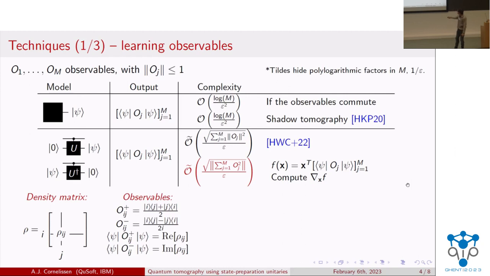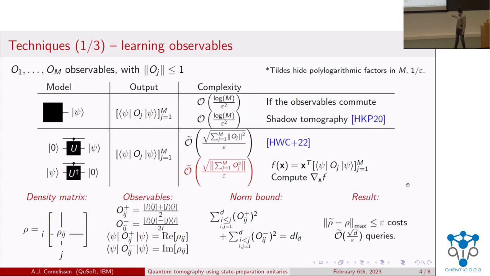Then we can define these two observables, where if you compute this expectation value, you precisely get the real part and the imaginary part of this ij entry of the density matrix. And now if we compute the norm bound that we get from our algorithm, we see that we get exactly d times the identity matrix. So what we get here is square root d over epsilon.